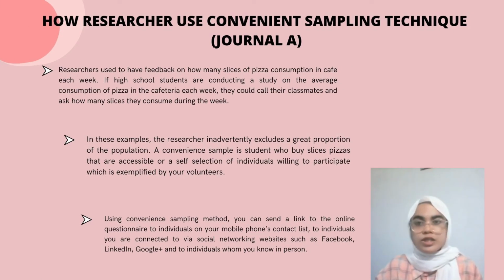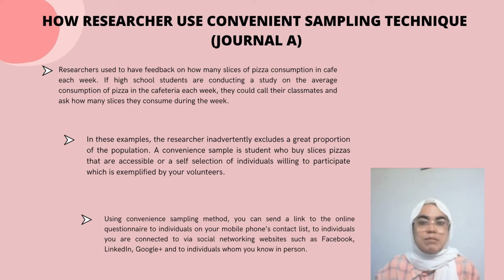Next, how researchers use the convenience sampling technique. For example, researchers want feedback on how many slices of pizza are consumed in the cafe each week. If high school students are conducting a study on the average consumption of pizza in the cafeteria each week, they could call their classmates and ask how many slices they consume during the week.